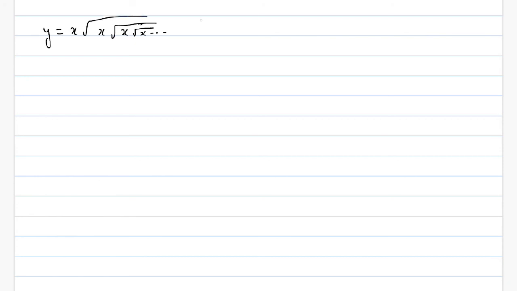So I can say that this is nothing but y is equal to x under root of y. Now using this I can write this as y upon under root of y is equal to x, and I can say y is nothing but 1 under root of y is equal to x, or y becomes x square.